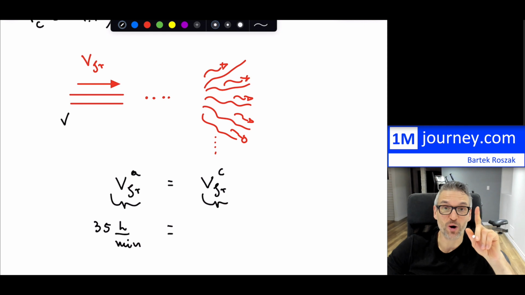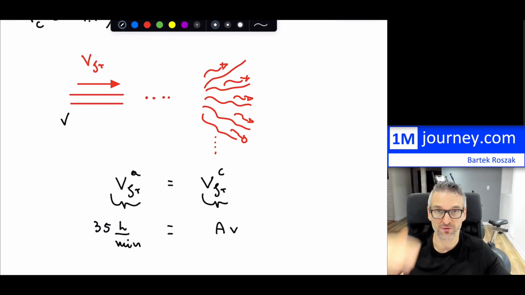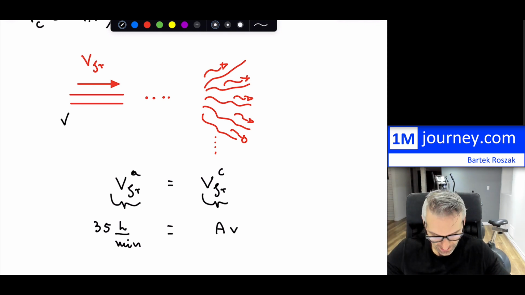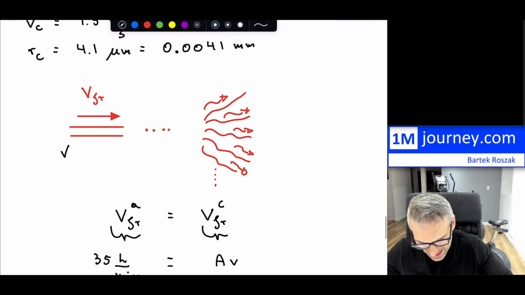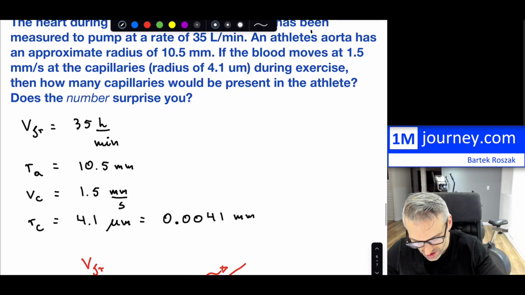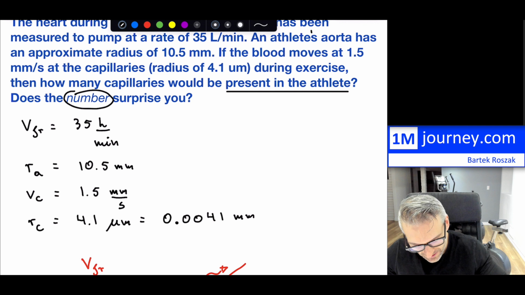Now, if we only had one capillary, then this would be the surface area times the speed, or the volume over the time. But that's only if we had one, and we don't. We have many of these, and the question is asking how many, and does the number surprise you, and how many of these capillaries would be present in the athlete.